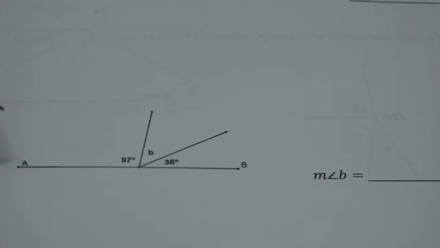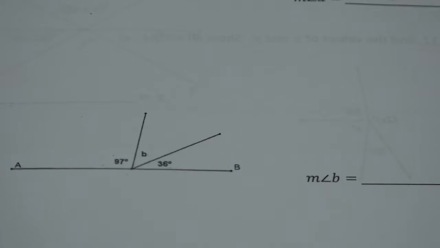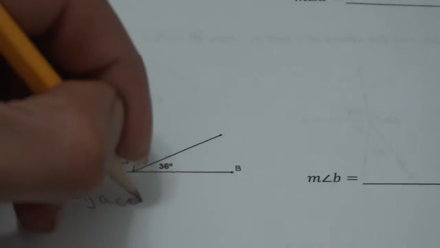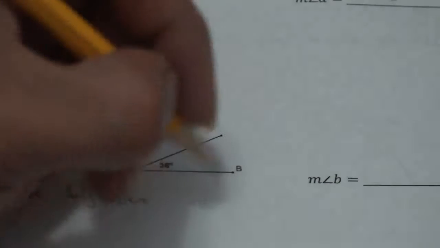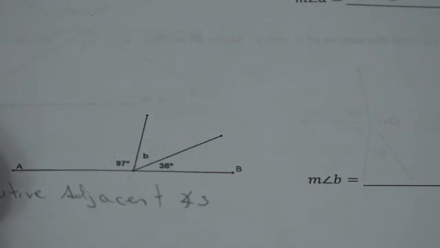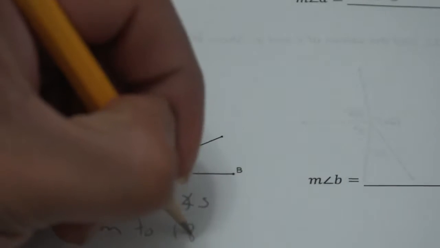Look, consecutive adjacent angles on a line sum to 180 degrees.